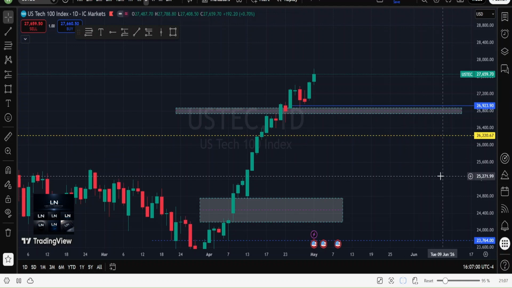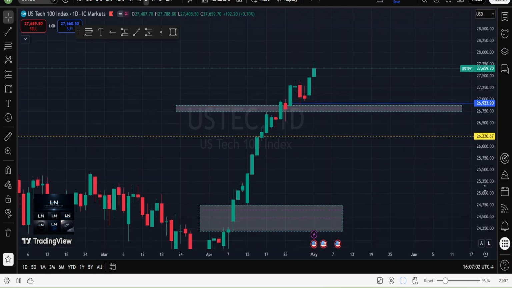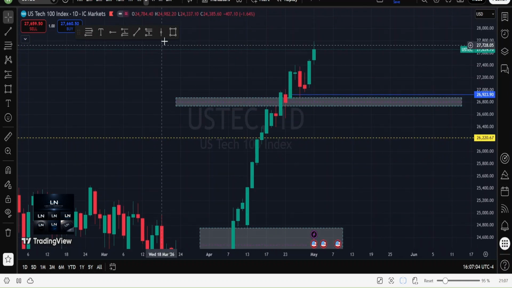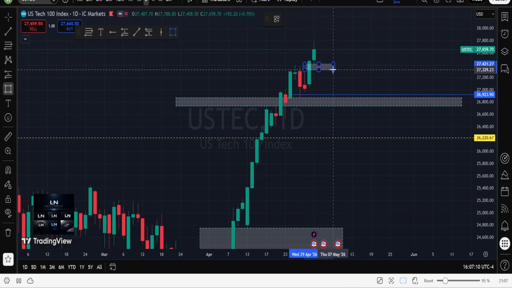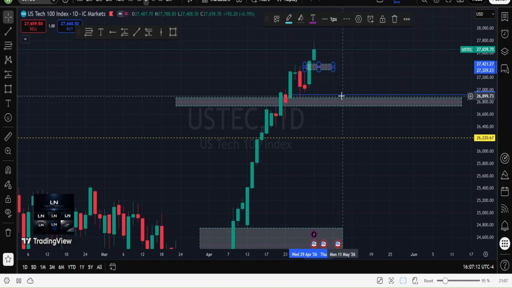Just like we said, we'll be watching the dollar index to see what price does at this level before it continues up. But we want to see price returning at least to this level, and if it doesn't get to this level, maybe this level. But if price continues to go up, maybe it returns to this level to continue up.